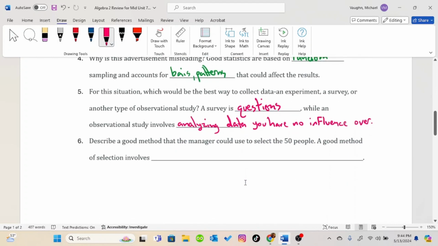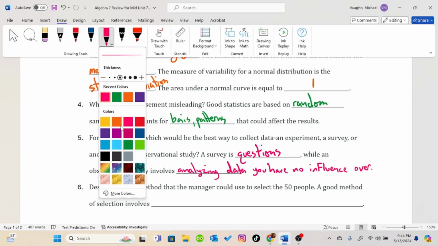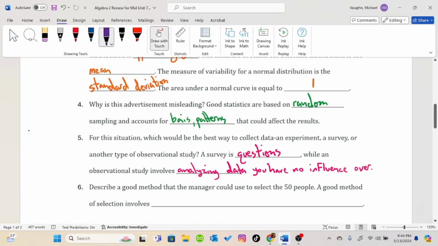Number 6. Describe a good method that the manager could use to select the 50 people.